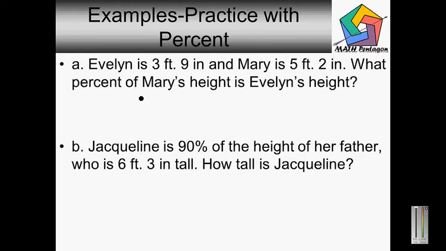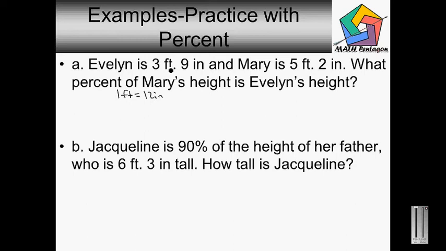Okay, here Evelyn is 3 feet tall and 9 inches, and Mary is 5 feet tall and 2 inches. What is the percent of Mary's height that is Evelyn's height? So first I want to figure out, convert 3 feet and 9 inches to just inches. So you know that 1 foot equals 12 inches.